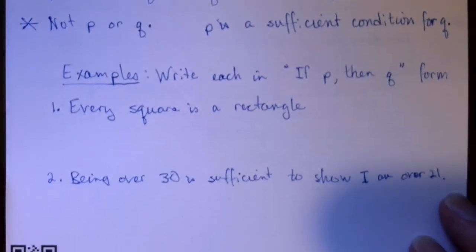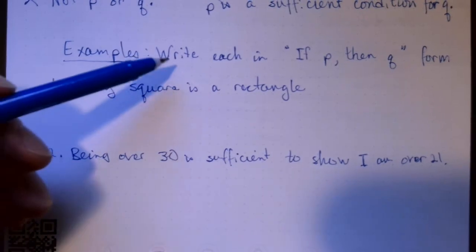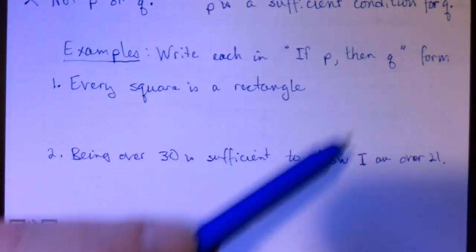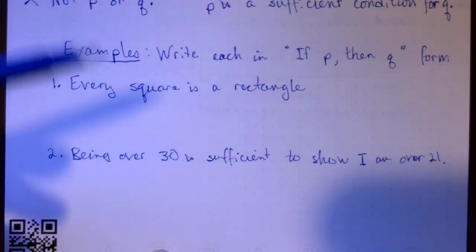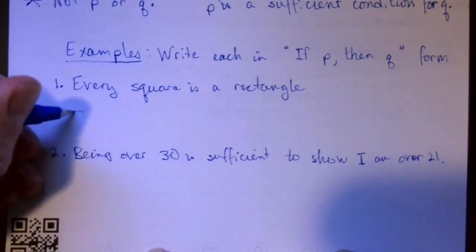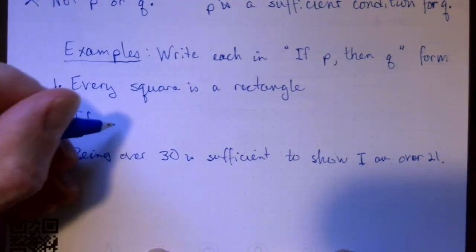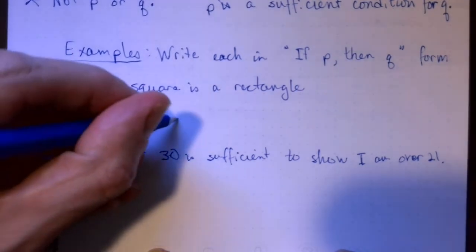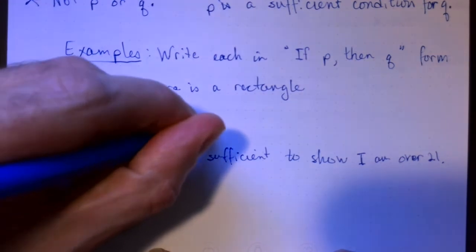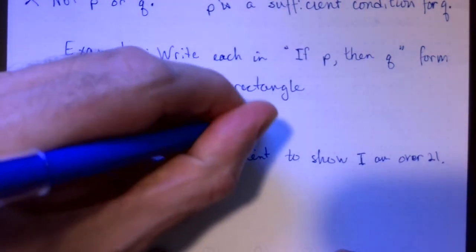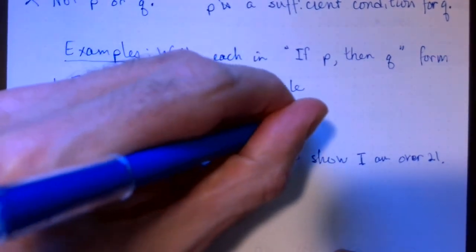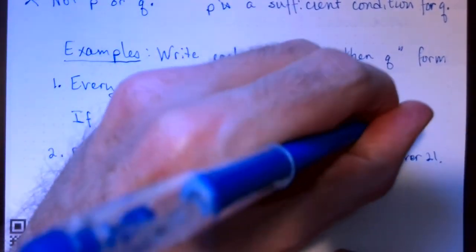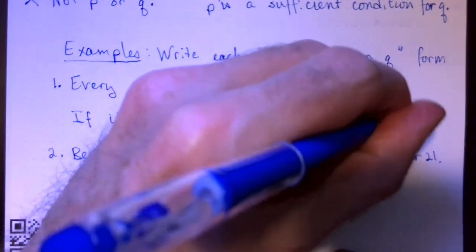Let's look at some more specific examples here. We're going to write each of these in the standard if P then Q form. Every square is a rectangle. So if it's a square, then it's a rectangle.